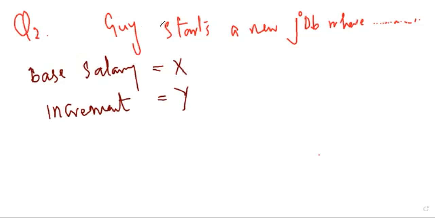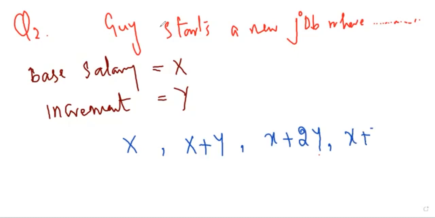Suppose the first year its salary would be X. Next year the salary will be X plus 1 times Y, and next year it would be X plus 2Y. Next year X plus 3Y, and so on.